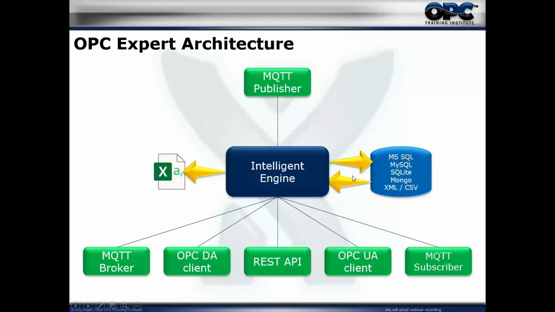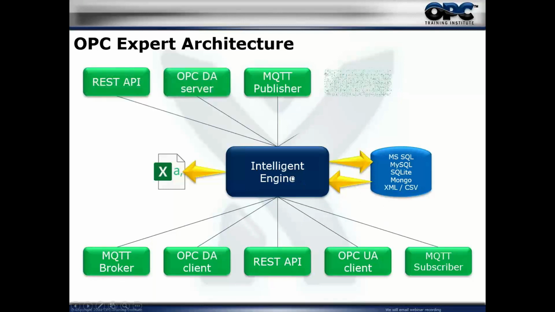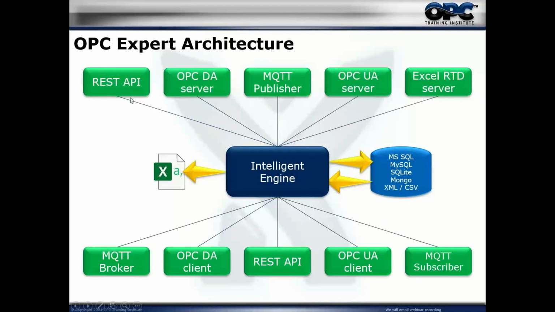Or you can send out the data to SQL, whether it's Microsoft SQL Server, MySQL, SQLite, MongoDB, or just have XML or CSV files. You can do that. And then send that data out via REST API, which is a server. Again, OPC UA, OPC DA, or you can send it out real-time data into Excel.